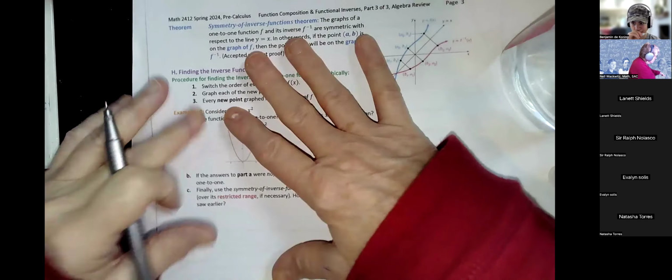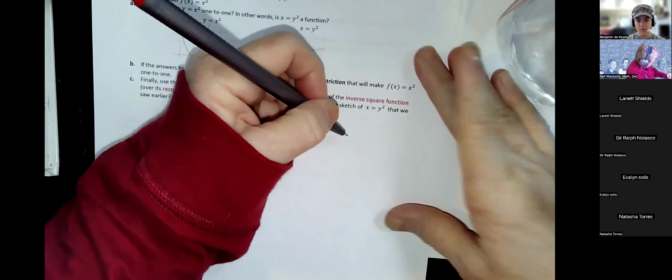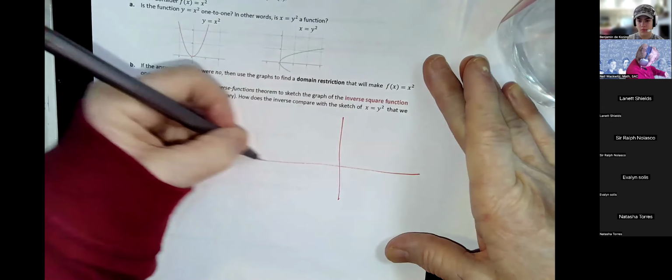If you have one function given, so say you have this function.